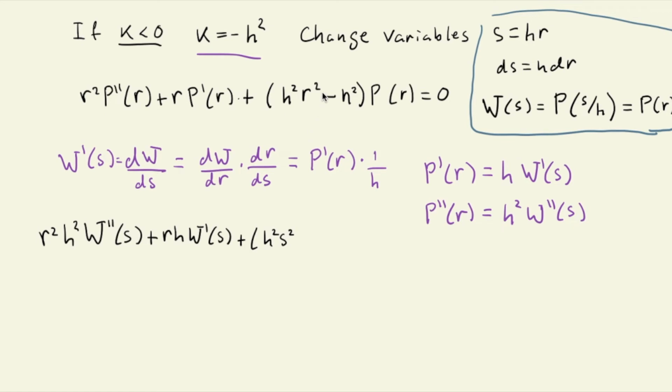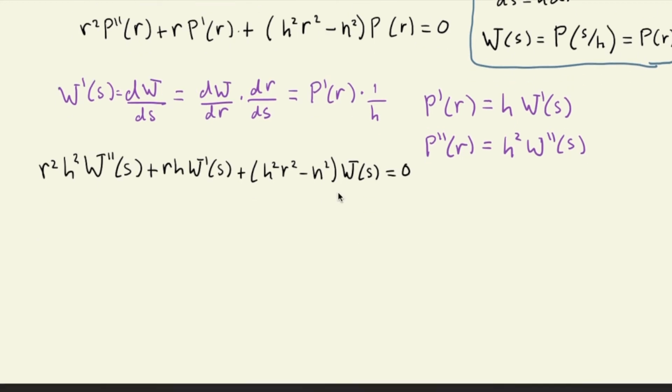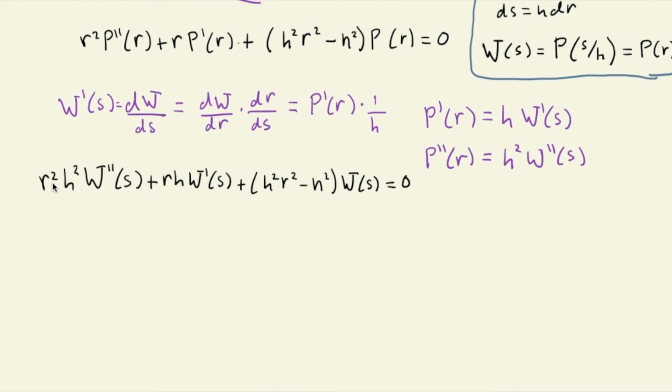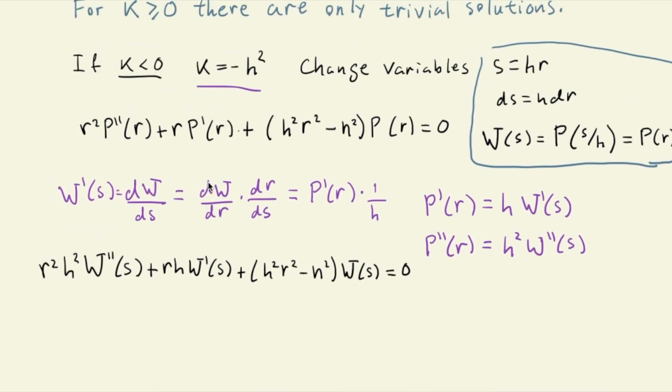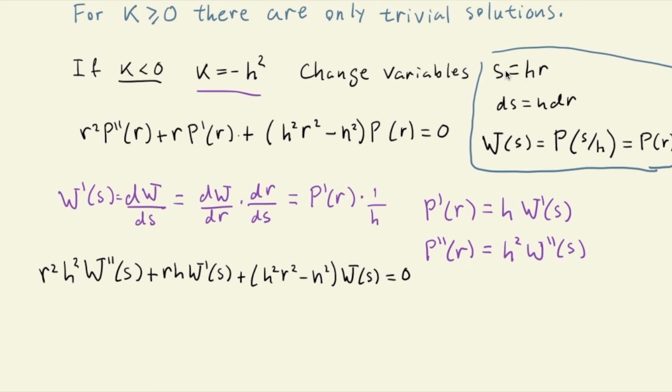Alright, and that wasn't an s. It's h squared r squared minus n squared. And p of r is the same as w of s, so I'm going to write w of s. And now I just want to turn these r's into s's, but r squared h squared, that's s squared, from our definition of s.